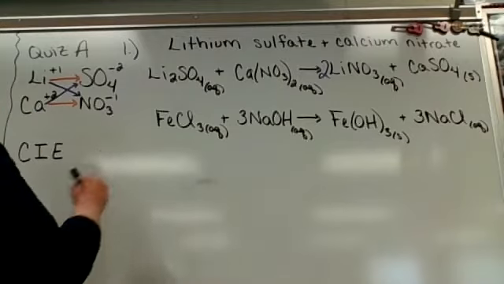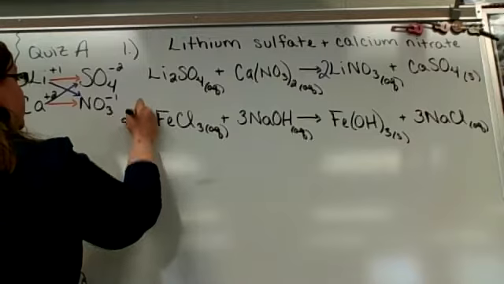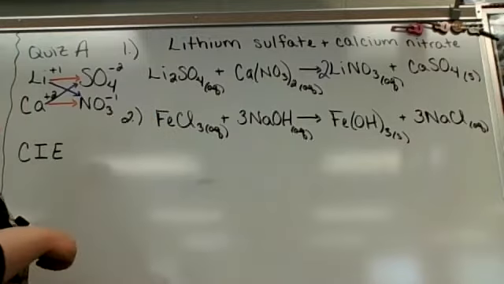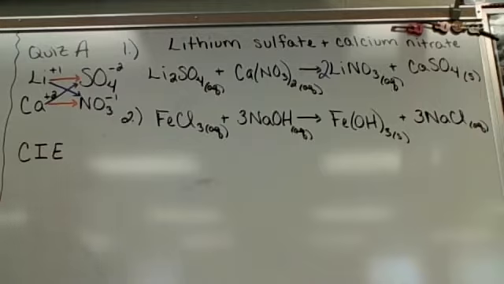Now, number 2 was to write the complete ionic and net ionic equation for the balanced chemical equation that I gave you. Now, what you're going to do is split up all of the aqueous compounds. Unless they are polyatomic ions, you are going to kick the subscript out and make it a coefficient.